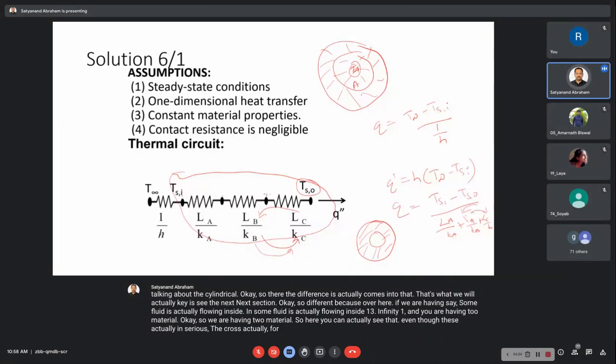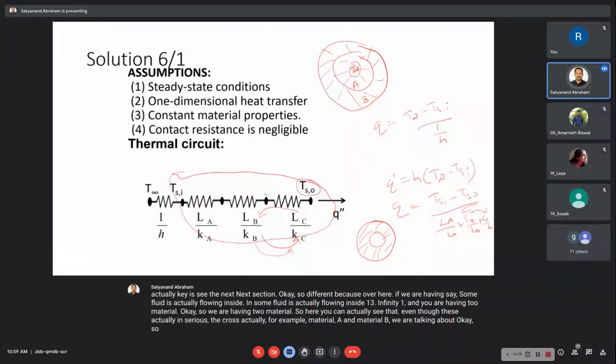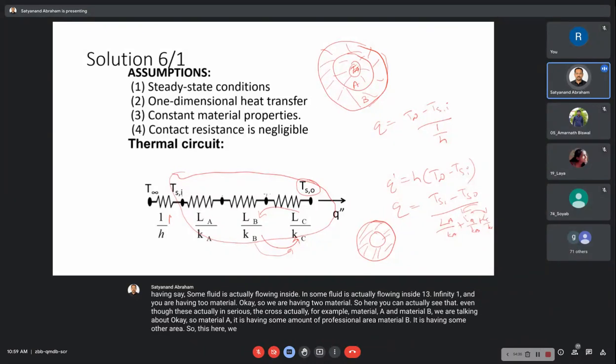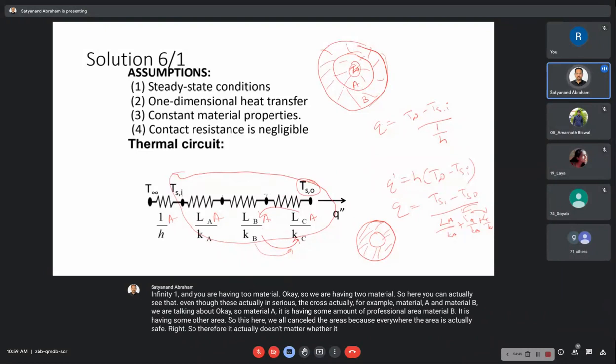For example, material A and material B we are talking about. Material A has some amount of cross-section area, material B has some other area. In the planar case we cancelled the areas because everywhere the area is the same, right? So it doesn't matter.